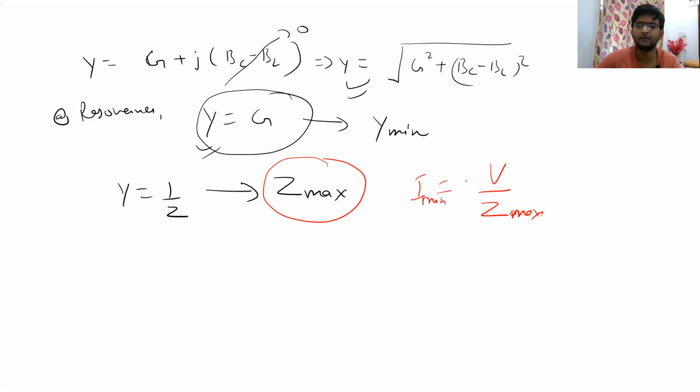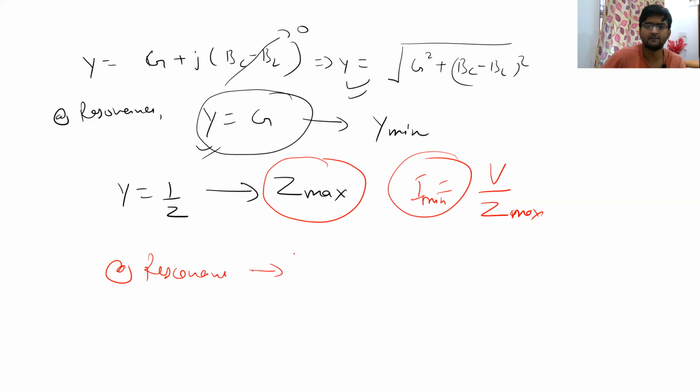Definitely it will be minimum. So as opposed to the series resonance case where during resonance our current was getting maximum, here just the opposite is happening. Our current is getting minimum. So at resonance, in parallel cases, I becomes I minimum, and it is equal to the value of current flowing in the resistor, right?